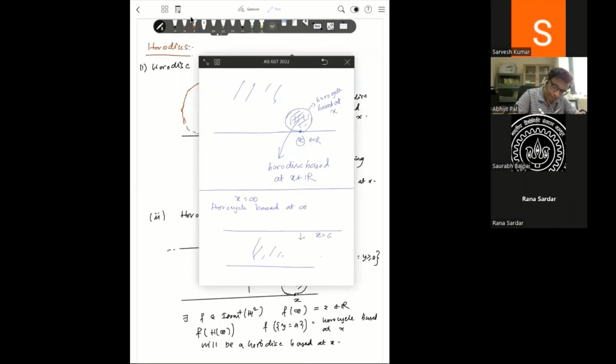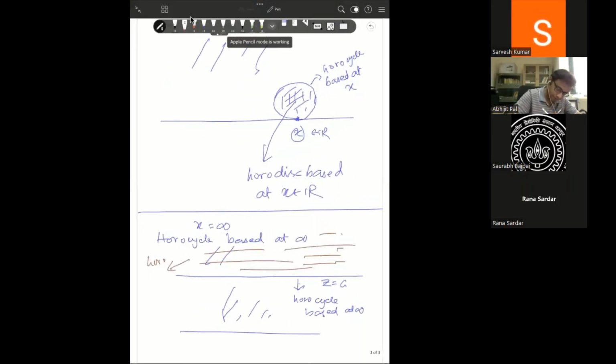This is my horocycle based at infinity, and the part above it I'll call the horodisk based at infinity.